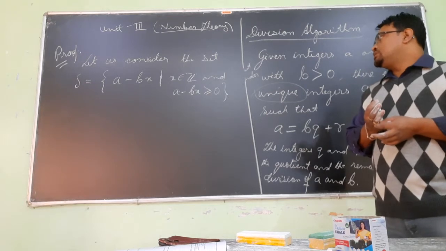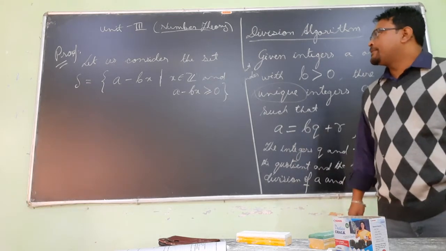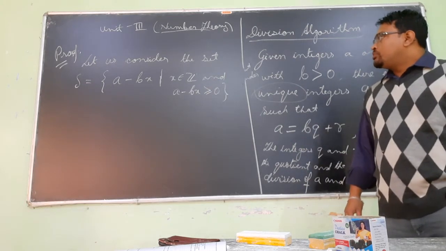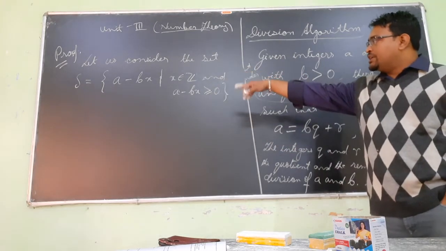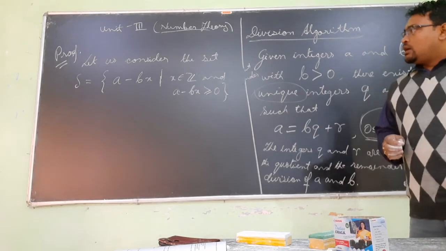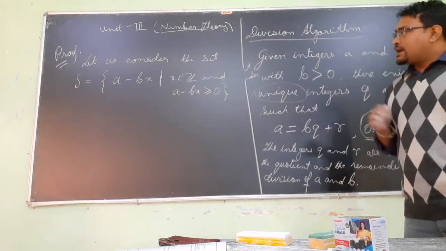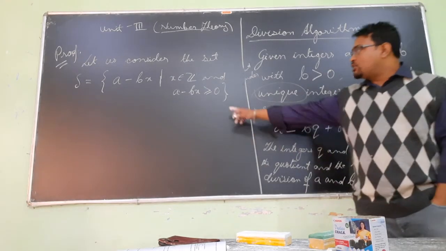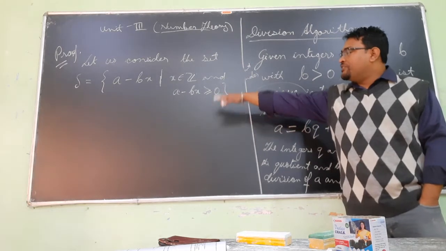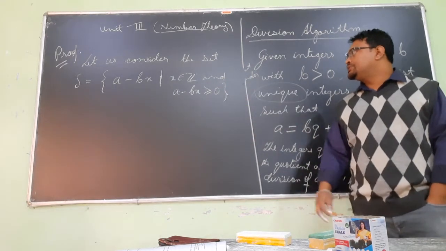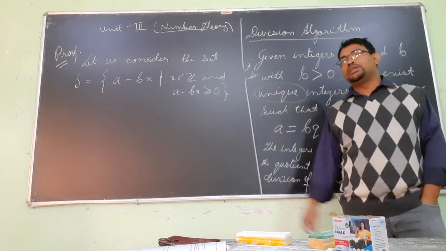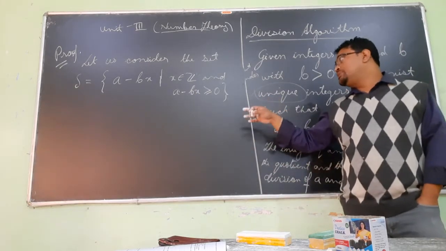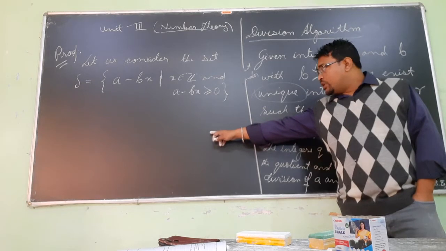So let us consider the set S as equal to this. To apply the well-ordering principle on this set, what else do I need? It is a set of non-negative integers, that is by definition. What else do I need? What is the well-ordering principle?